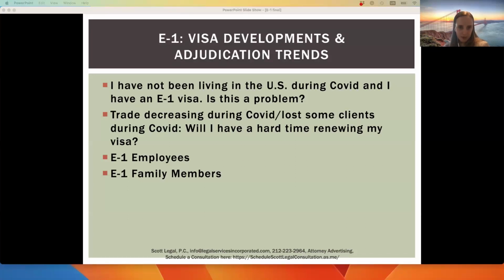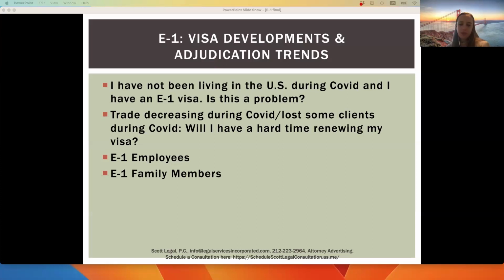So this is possible. There are basically three categories of employees you can bring from your home country. I will just go over them really quickly. One is a manager, for example an operations manager or general manager. The other is an executive. Let's say you want to bring a CEO, CFO, or some other executive who will run the company. And the third category is specialized skills employee.